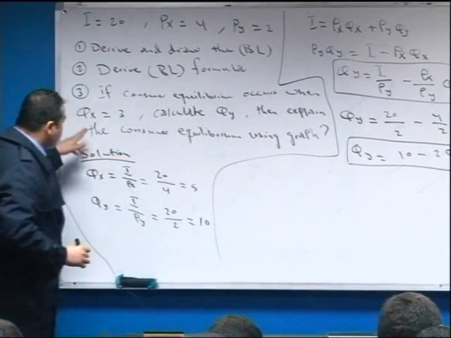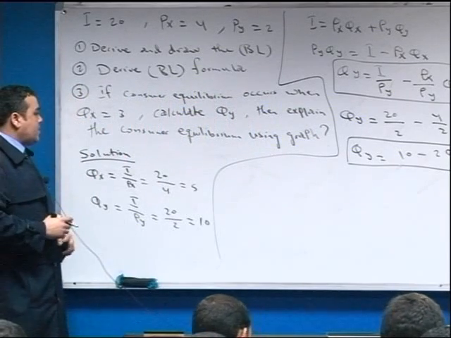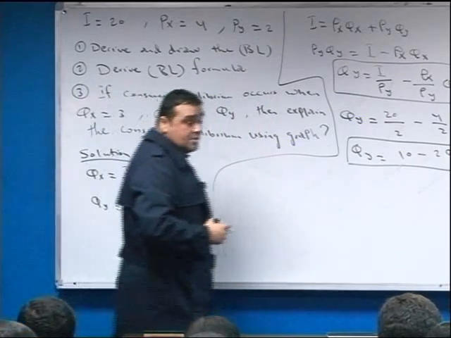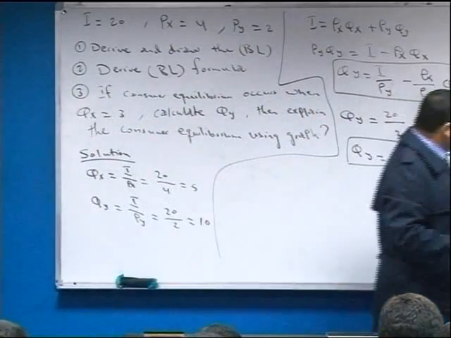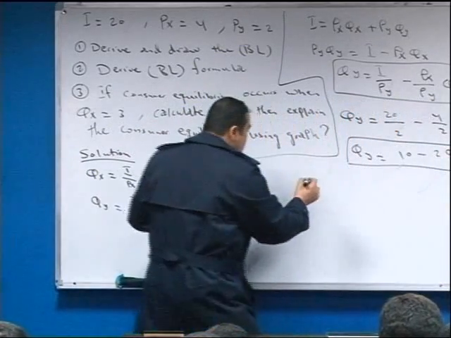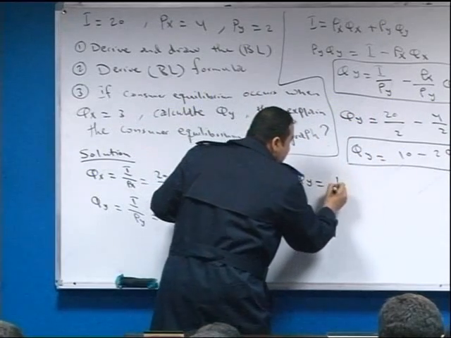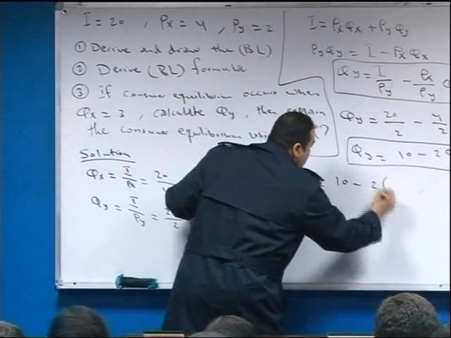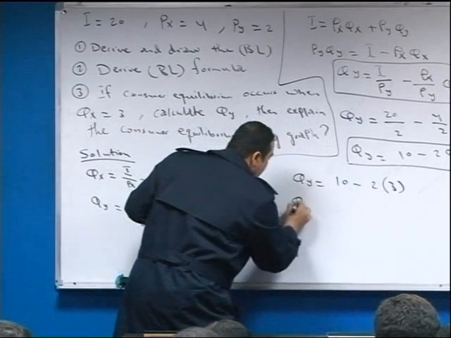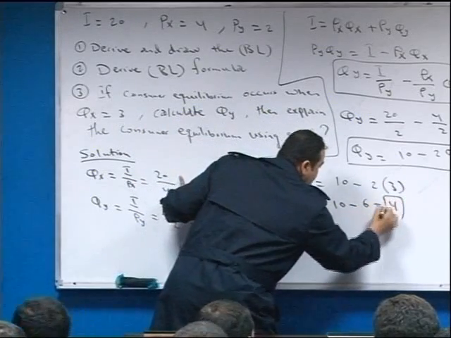Number 3, if the consumer equilibrium occurs when Qx equals 3, calculate Qy and explain the consumer equilibrium using a graph. To calculate Qy, using this formula, equals 10 minus 2 times 3 for Qx. Qy equals 10 minus 6 equals 4.